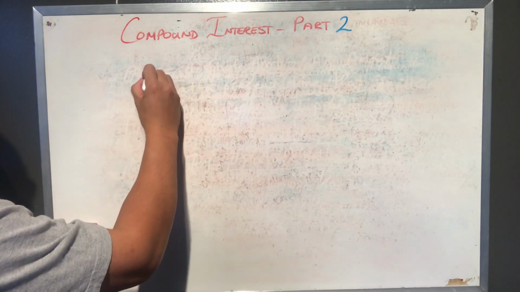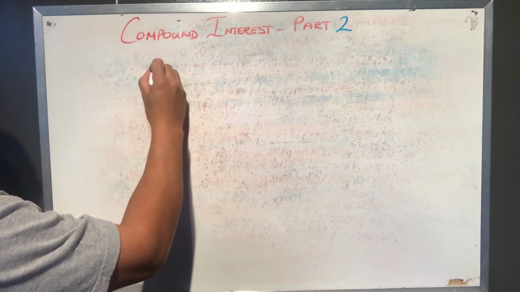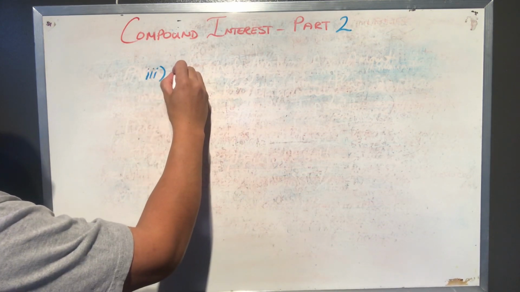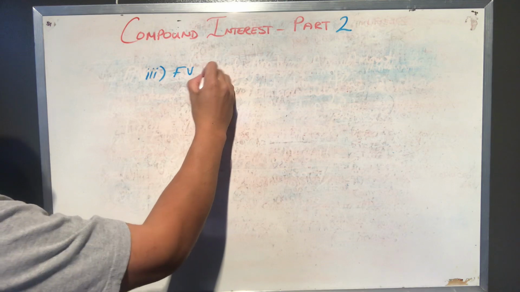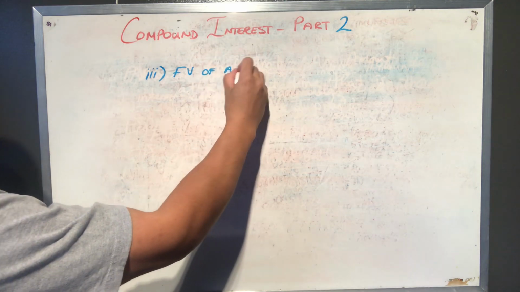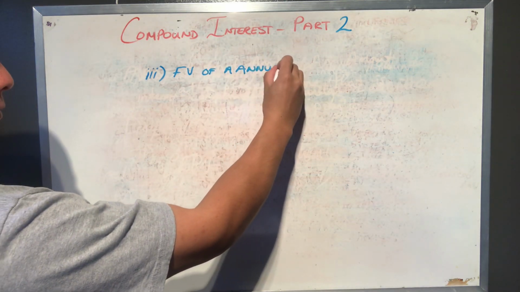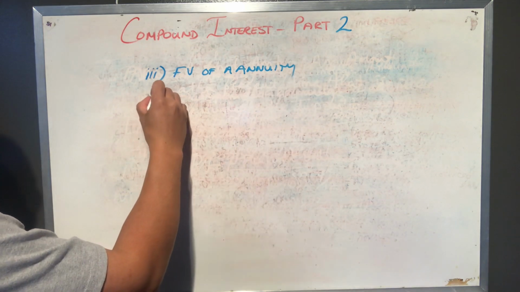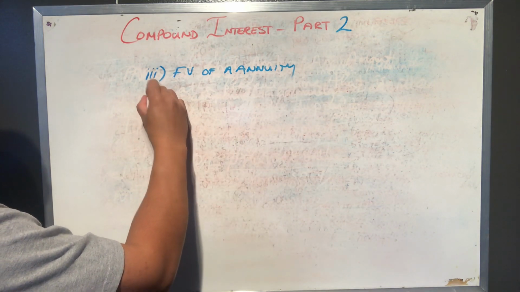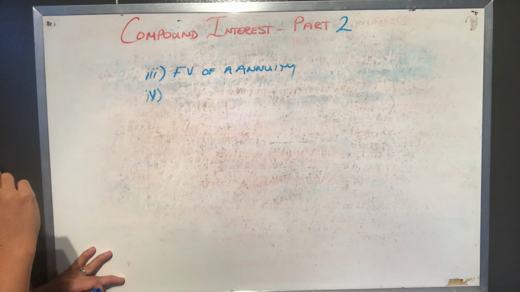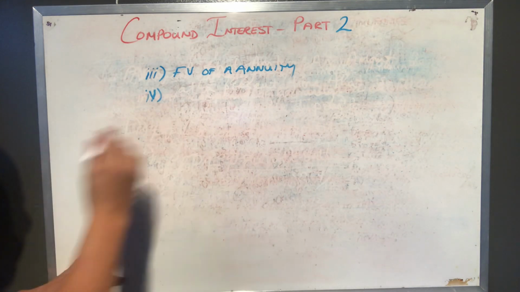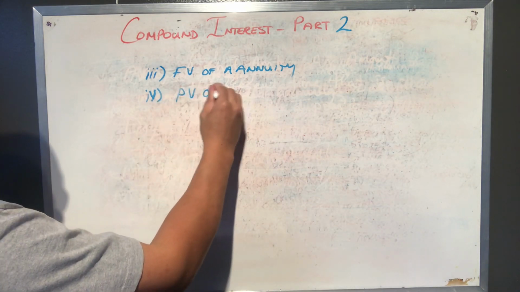Again, here this is the third one, which will be future value of an annuity, and then we'll be dealing with present value of an annuity.